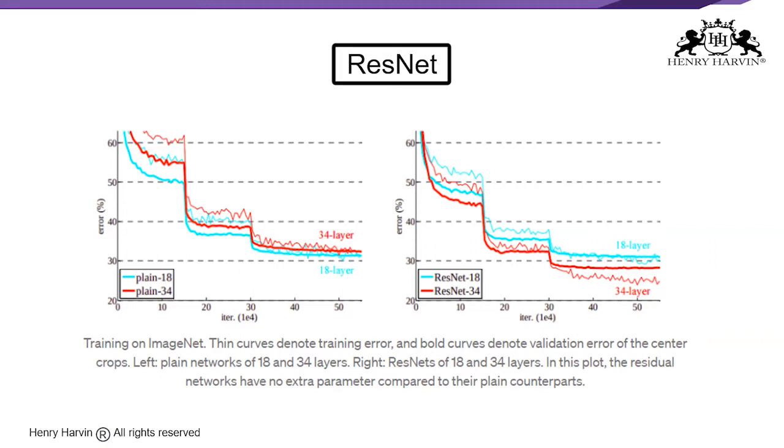So this is the revolution of the depth. AlexNet and VGGNet are about double the size, but the ResNet is actually many times the size of VGG19 when we have 152 layers.